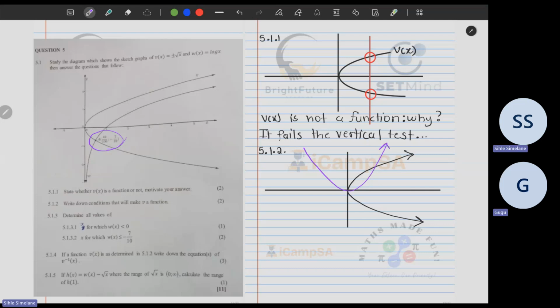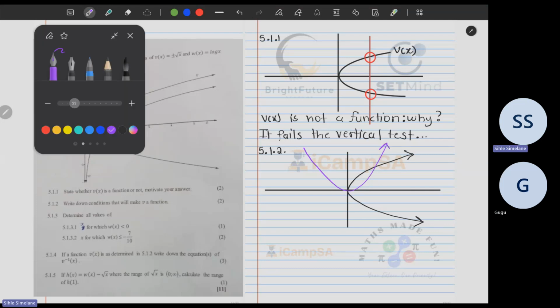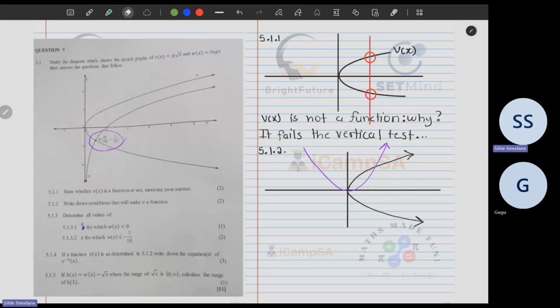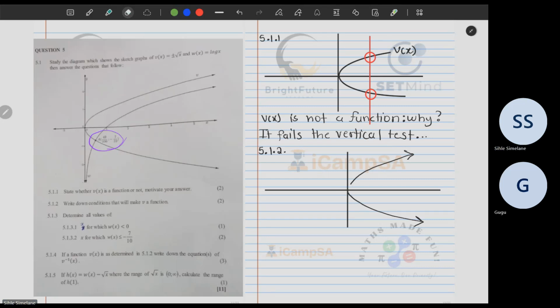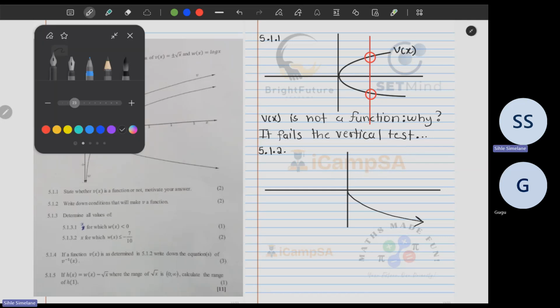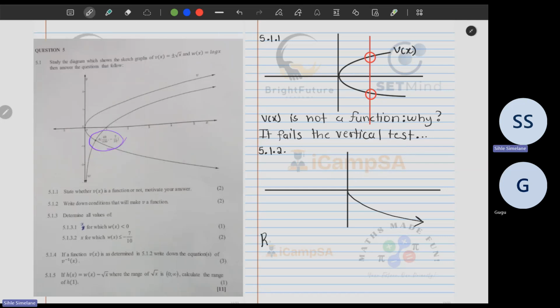Because of A. If we want the bottom part of our function, we will need to restrict such that, if you look carefully, we go to the range of v of x. What we are going to say to the range is y must be less than or equal to 0. Do you understand that?